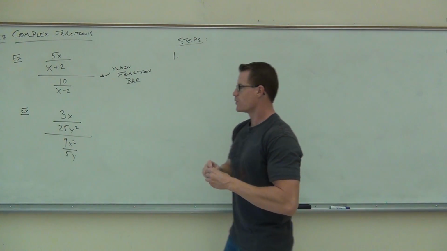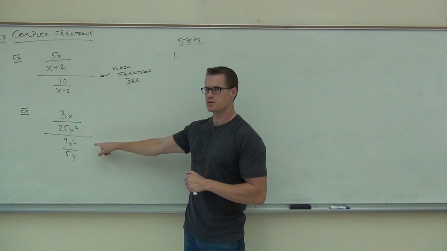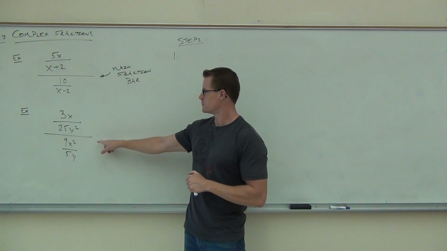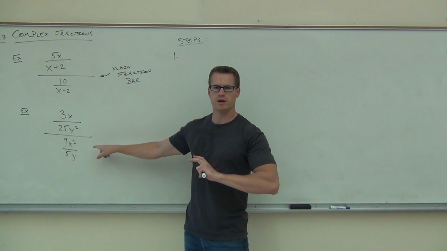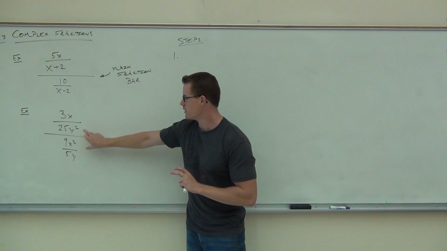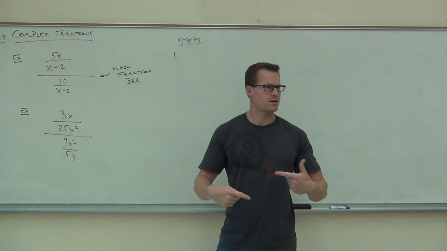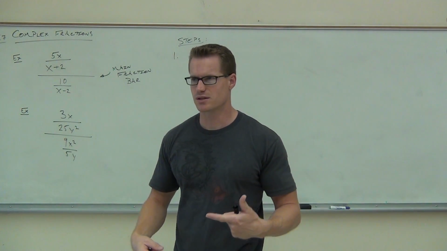Firstly, can you identify what is my main numerator in this case? The main numerator, yeah, 3x over 25. Great, this whole thing, that's my main numerator, that's my main denominator, that's my main fraction bar. Are you guys all with me on this? Just the terminology of getting to know these complex fractions?